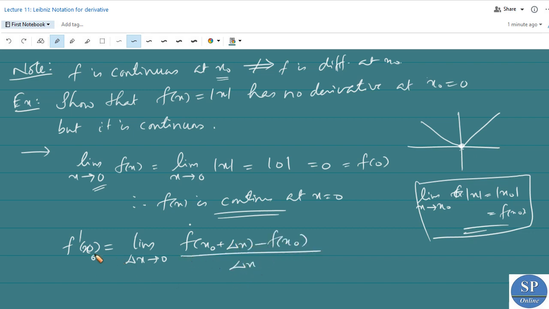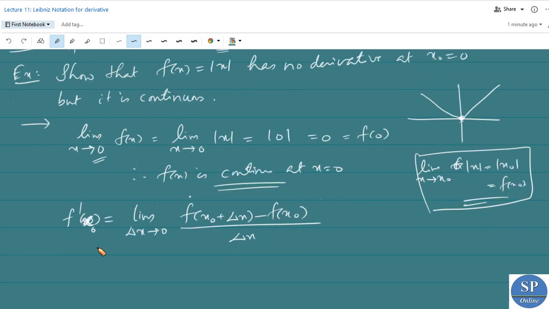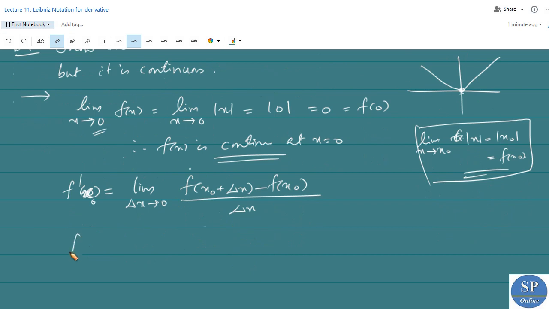This is the definition of the derivative of f at the point x naught. So f dash of 0 is equal to limit delta x approaches 0 of f of 0 plus delta x minus f of 0 divided by delta x.